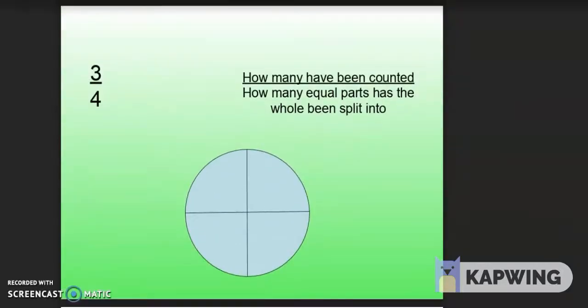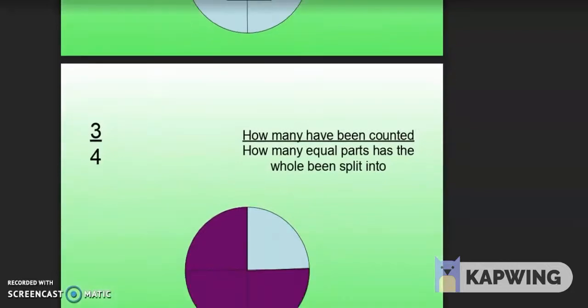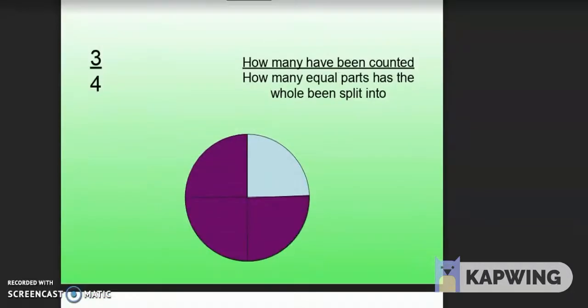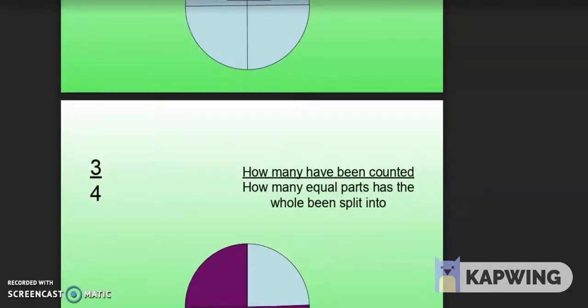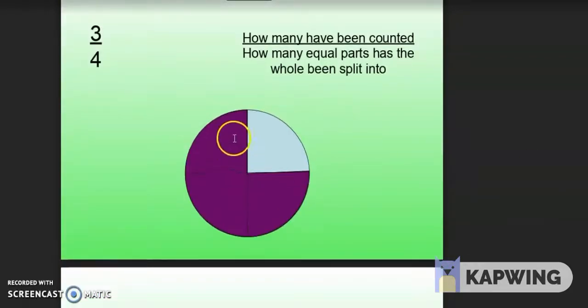So here they go. They split it into the 4, like we were talking about. The denominator tells us how many parts it needs to be split into, so it was split into those 4. And then we talked about, whoops, went a little too far down, how it would be shaded in. 3 out of those 4, so 3/4 were shaded in.